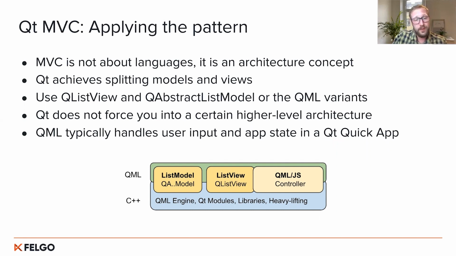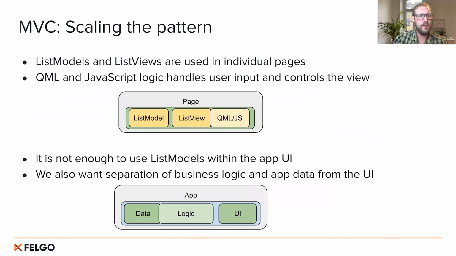Still, if we look at this in a broader sense for the higher level architecture, if we say, okay, here we have a list view and a list model, we usually have many different pages with different data that they show. And those list models and list views, for example, are used on individual pages in your application.